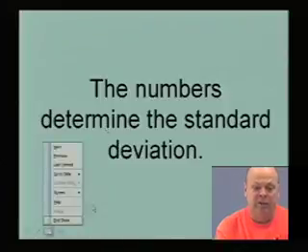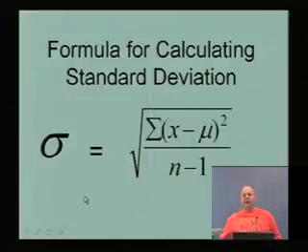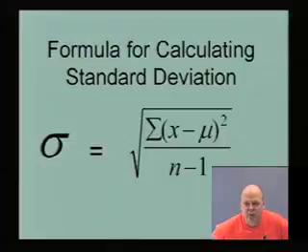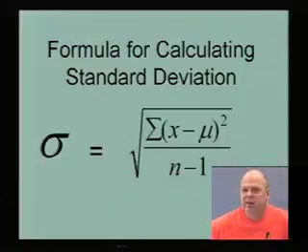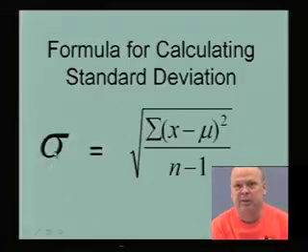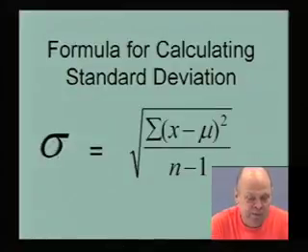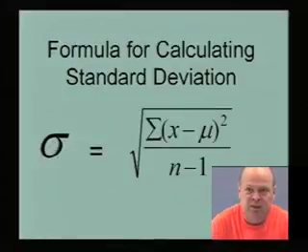I'm going to look at the formula here for calculating standard deviation. And you'll see that it's a fairly complex formula, but I'm going to break it down for you, and we'll work on this a little bit. It's not really that bad. The symbols that we use, the first symbol is the Greek letter, delta, which represents standard deviation.